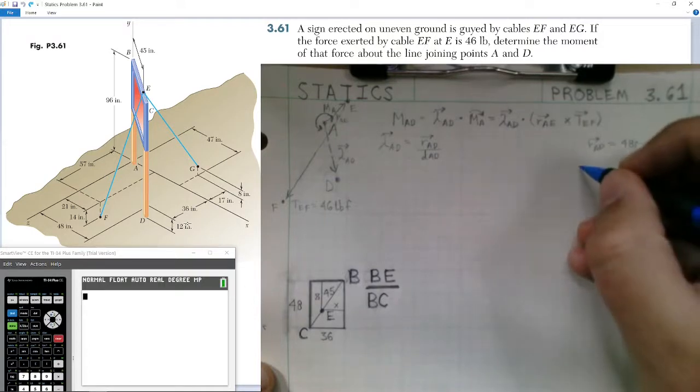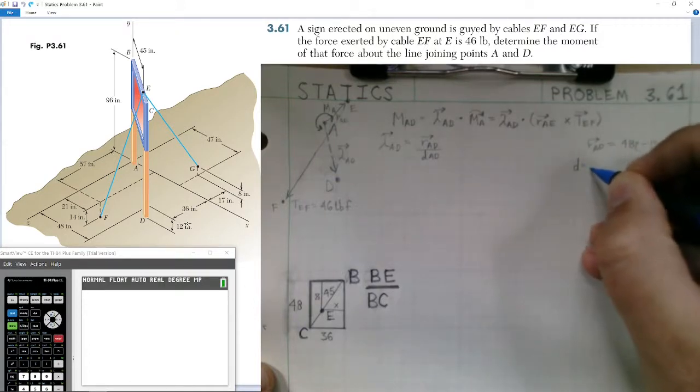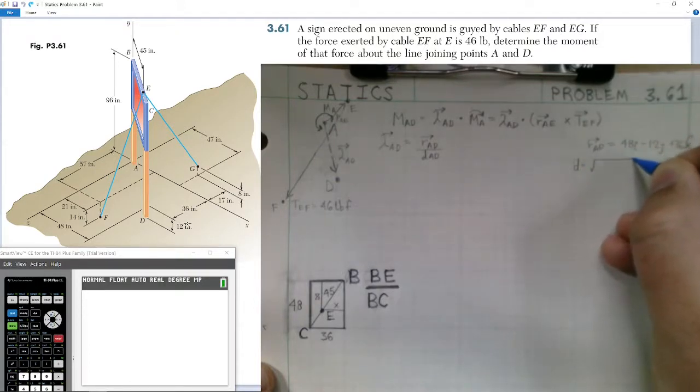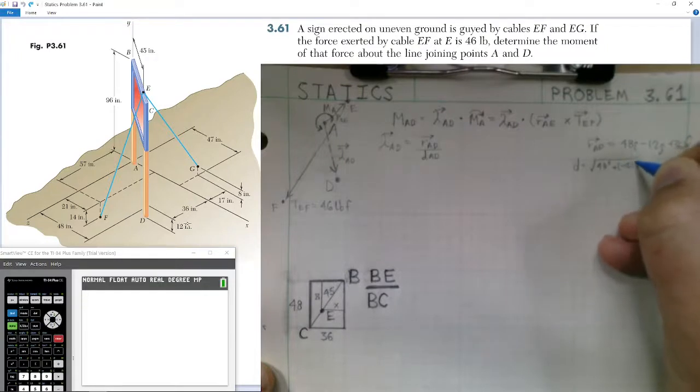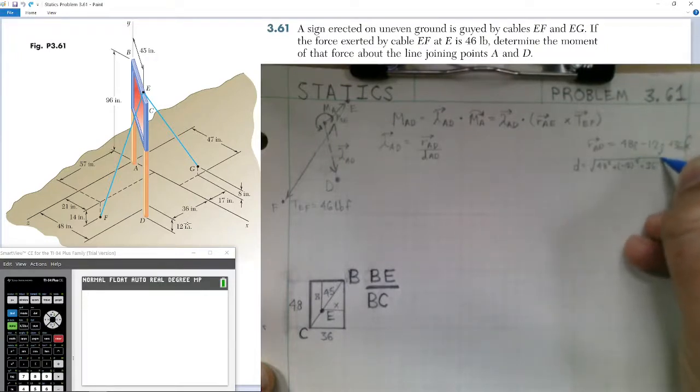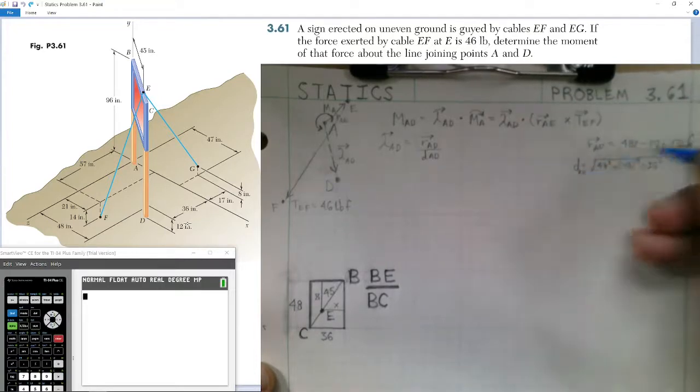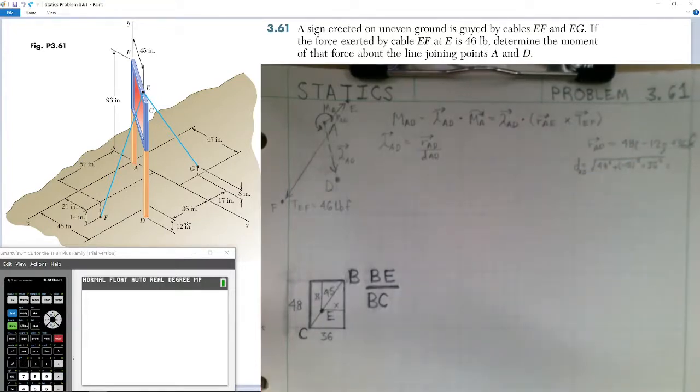Now to compute the distance, we'll simply do the square root of the square of each component added together. So the square root of 48 squared plus, in parentheses, negative 12 squared plus 36 squared. We determine our distance from A to D. We can plug into the calculator.